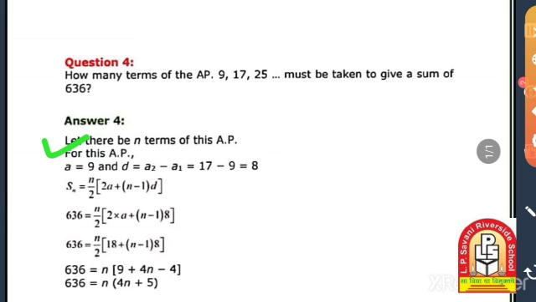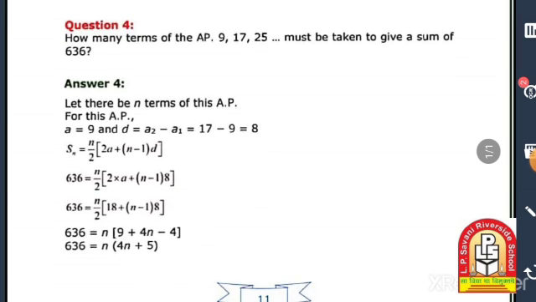Here the first term is 9, and the difference between two terms is 17 minus 9, which gives 8. Then we have to put the value in Sn equals n by 2 into the bracket 2a plus n minus 1 into d.